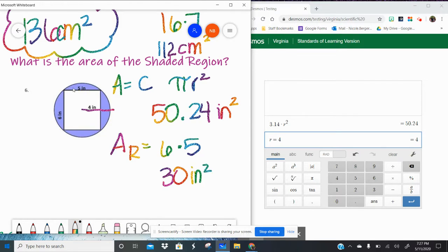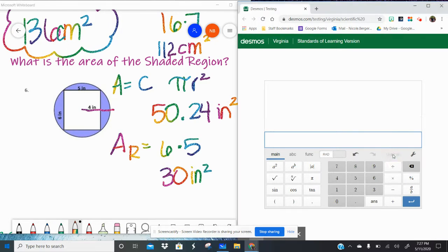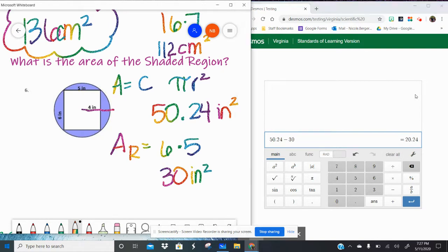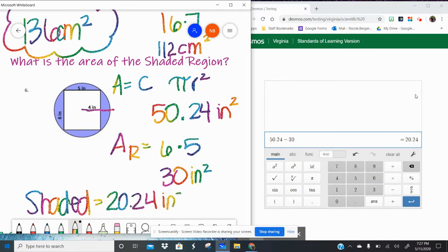So if I want to know these little bluish purple pieces, I just take in my calculator the area of the circle minus the area of the rectangle, that white part, and the shaded region is 20.24 inches squared.